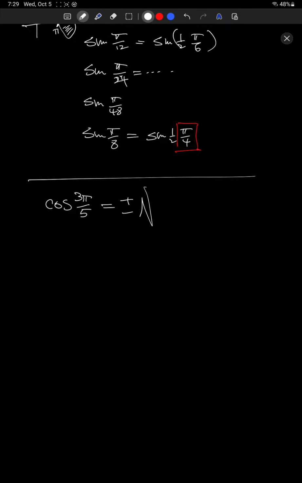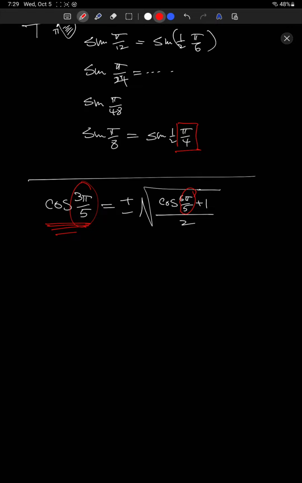If I wanted to use the half angle identity, this would be plus or minus the square root of cosine of 6 pi over 5 plus 1, all over 2, because 3 pi over 5 is 1/2 of 6 pi over 5. In this made up problem, maybe we've calculated cosine of 6 pi over 5, and so we know it. And now the question is, what is cosine of 3 pi over 5?